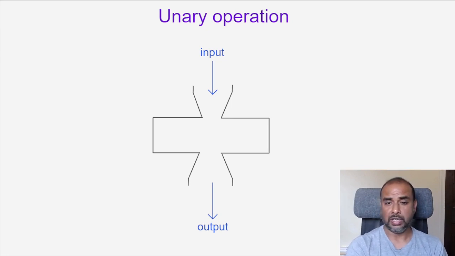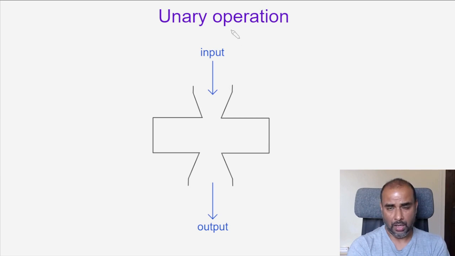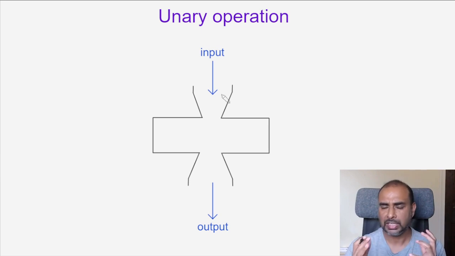A unary operation is where you have one input and one output, and a binary operation is where you have two inputs and one output. An operation in maths can be thought of as a type of processing or a function even.